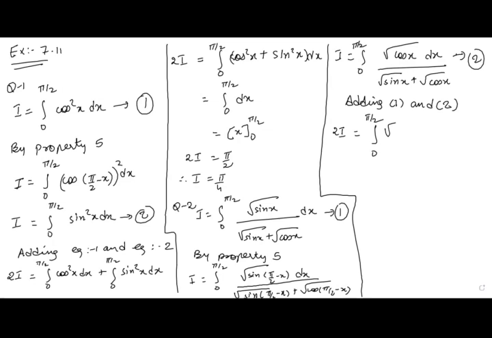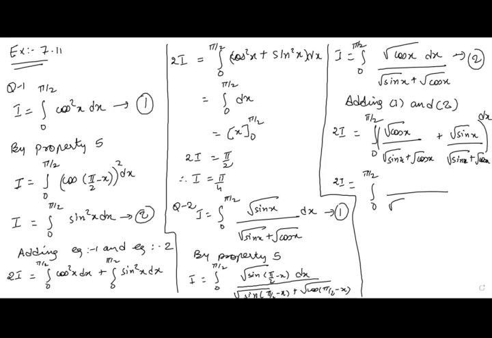I can write this as root cos x upon root sin x plus root cos x, plus root sin x upon root sin x plus root cos x, whole dx. As you can see that the denominator is the same, I can write this as root sin x plus root cos x over root sin x plus root cos x.